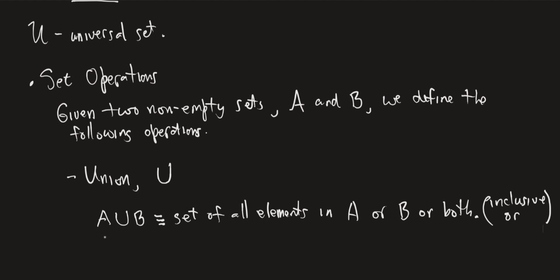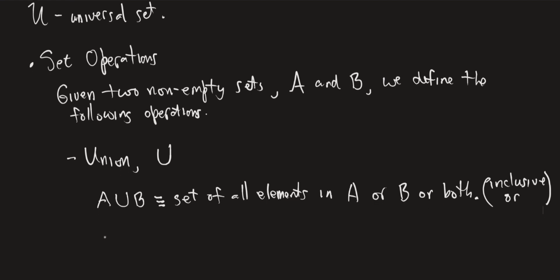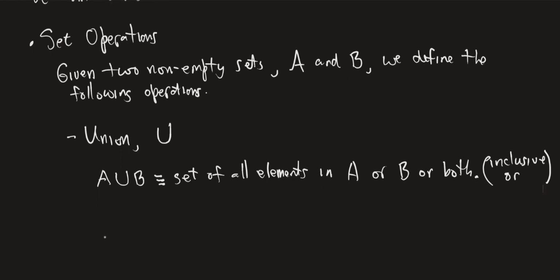Next operation. I'm just going to list three operations and then do a couple of examples to wrap up this video, so this is going to be a relatively short one. The next operation is the intersection, right? For that one, take the U and just flip it upside down. So that's the symbol for intersection.